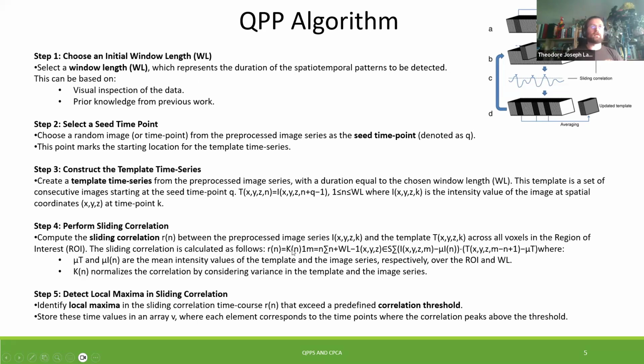I have 2 slides to go over more of the finer-grained details, but in a nutshell, there's a template that is iteratively updated over the whole length of the scan or group of scans, where they find a threshold of correlation between that scan piece and the template, and then the template is averaged and updated throughout the iterative process.